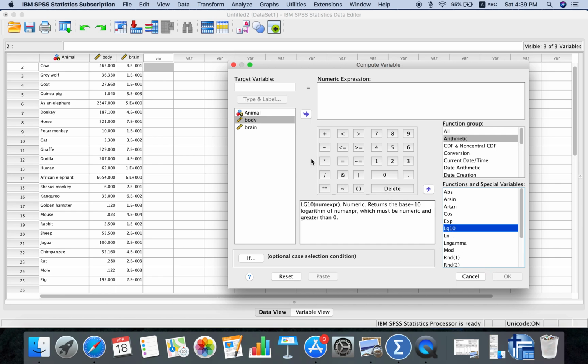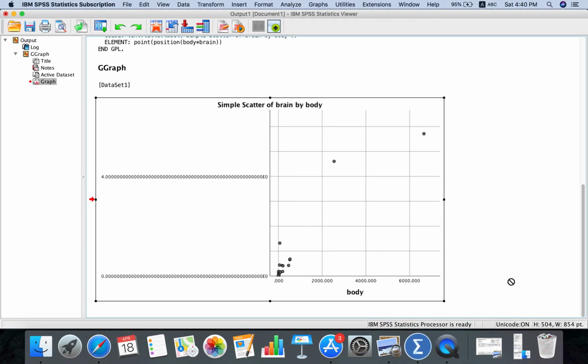First we put on the log. This is the body mass we want to transform, with log base 10. Actually, you could just type it like this. We call this new variable log of body. Click OK.